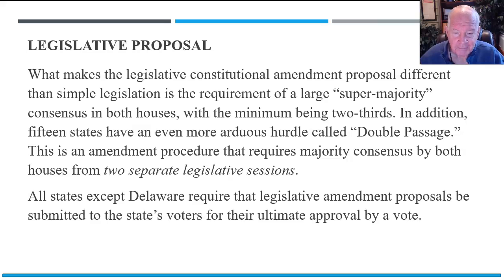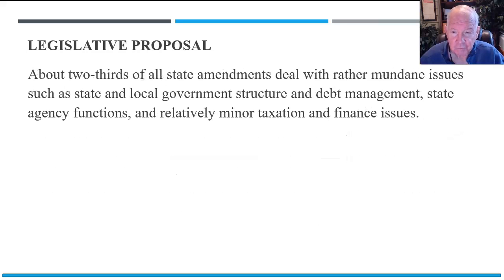All states except Delaware require that legislative amendment proposals be submitted to the state's voters for their ultimate approval by a vote. About 2/3 of all state amendments deal with rather mundane issues such as state and local government structure and debt management, state agency functions, and relatively minor taxation and finance issues.